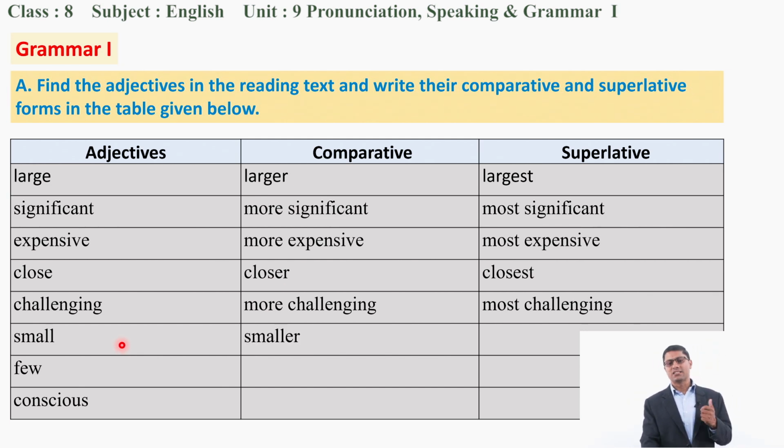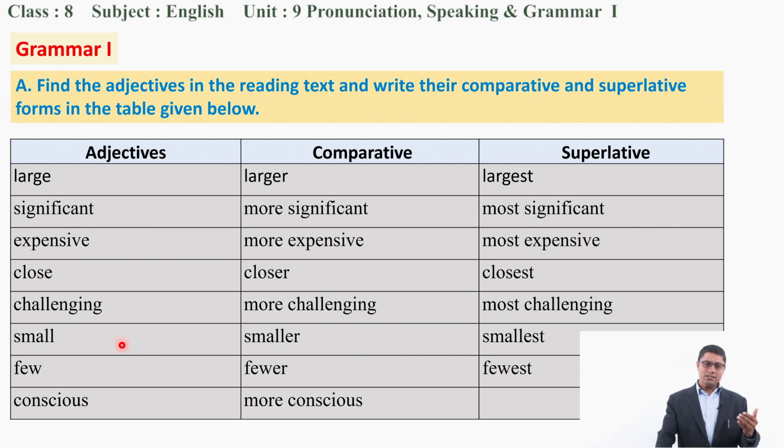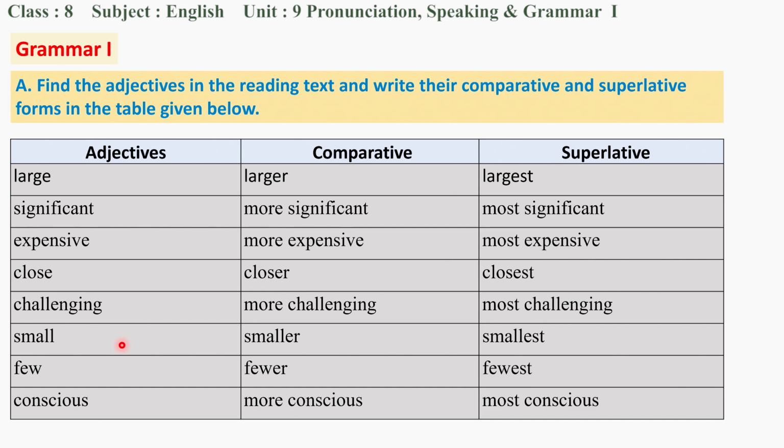Yes, it is smaller. And superlative? Okay, good, it's smallest. Similarly, next you see few, fewer, fewest. In the same way, conscious, more conscious, most conscious. Okay, I hope you learned them.